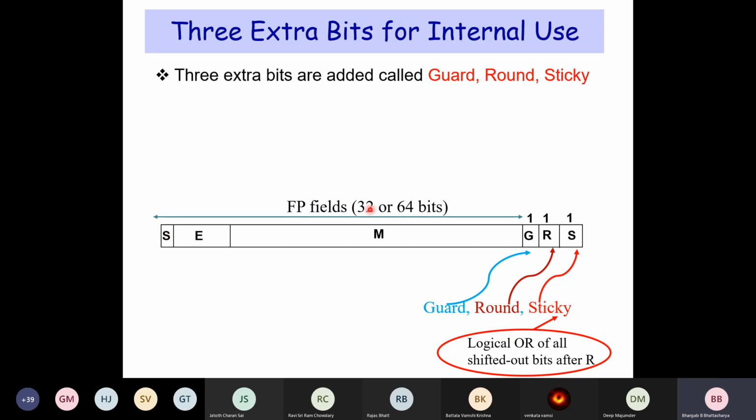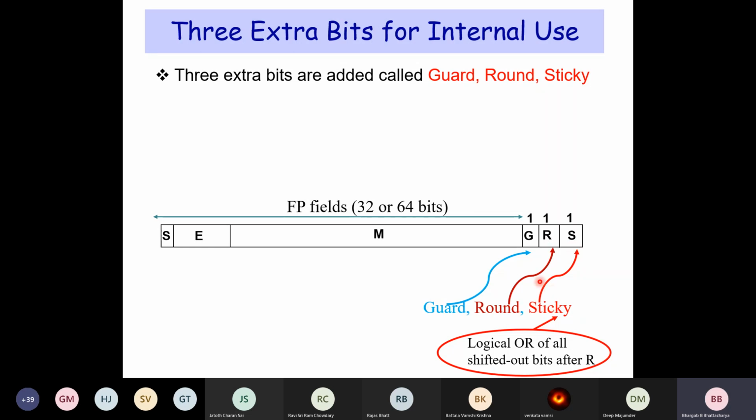This could be 32 or 64 bits depending on single precision or double precision. Apart from that, there are 3 extra bits which are augmented to it, and these are visible to hardware only. You don't see them. The first one is called the guard bit, the second one is called the round bit, and the last one is called the sticky bit.